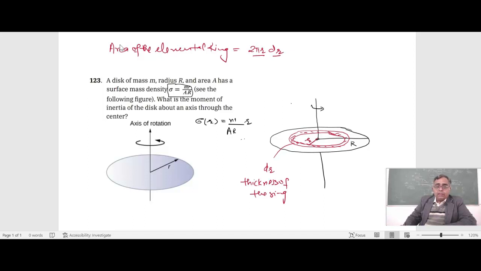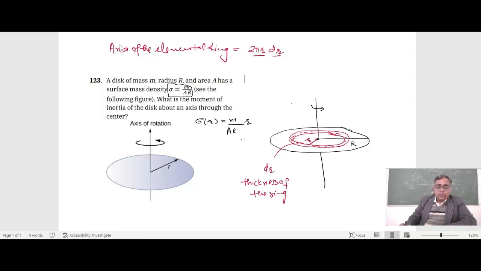Now why are we calculating this area? Because we are interested in calculating the moment of inertia of this ring, and then we integrate the function we get for the moment of inertia of this ring over the whole disk.